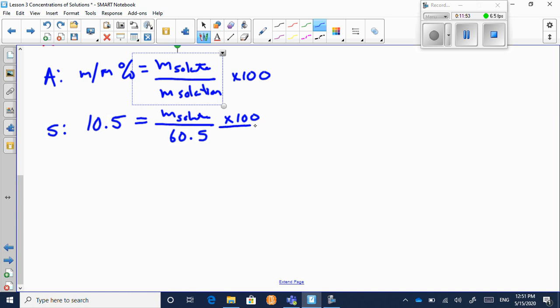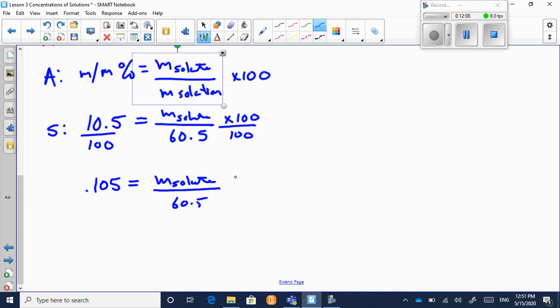Well, if I divide the 100 off of both sides, you're left with 0.105 on this side, is the mass of the solute divided by 60.5.